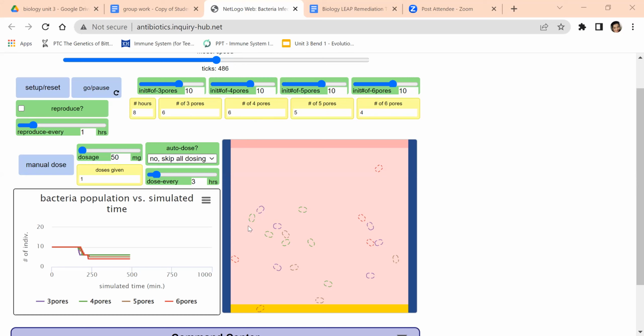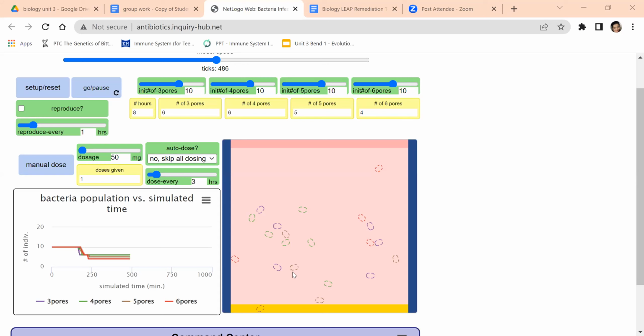So there's less opportunity for the antibiotic particles to seep into the bacteria cell and kill them. Okay, so if you look at the red ones, there's a few red ones left, and there's a couple of brown ones left. You see the red ones have all those openings, all those pores, 6 of them. And the brown ones have 5 pores or 5 openings into the cell. So there was a greater chance that the antibiotic would get into those bacteria cells than the others.